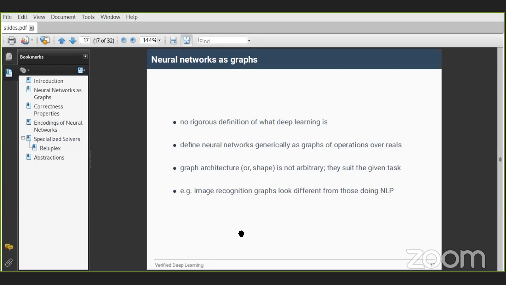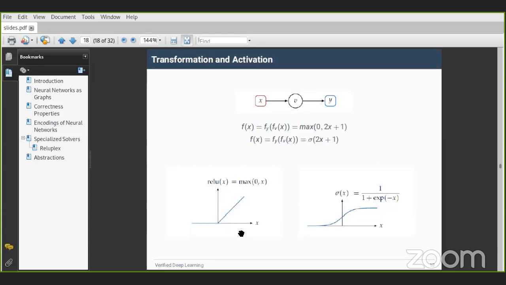The graph, of course, has an architecture or a shape, and the shape is not just arbitrary. The shapes suit a given task. You build networks which are suitable for a task, and the shape may depend on the task that you're doing. For instance, a network for an image recognition problem may look different from one built for natural language processing. The point I'm trying to make is that there is some underlying architecture, and it's not just arbitrary. It has some meaning to it.